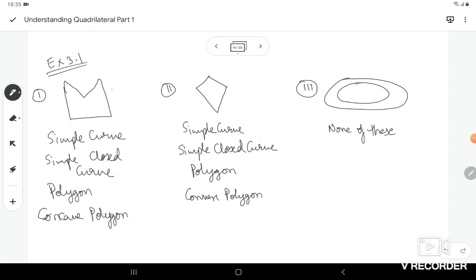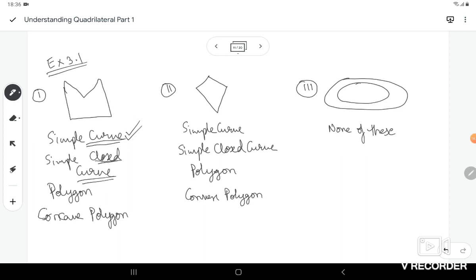So on seeing the first figure, we can say that it's a simple curve. Why? Because we can draw it without lifting the pencil, and there is no cross or cutting or retracing while drawing this figure. Also, it's a simple closed figure.